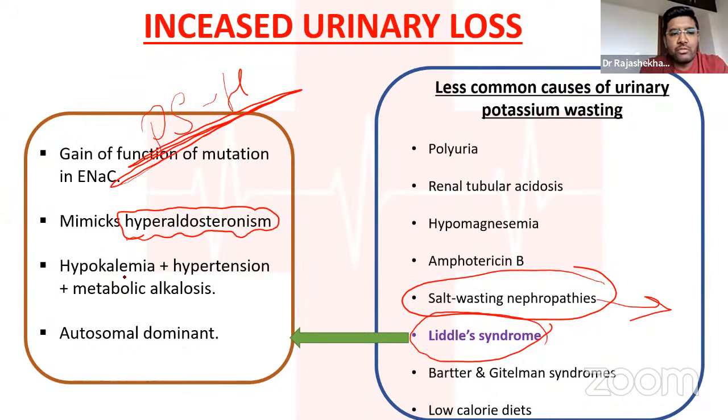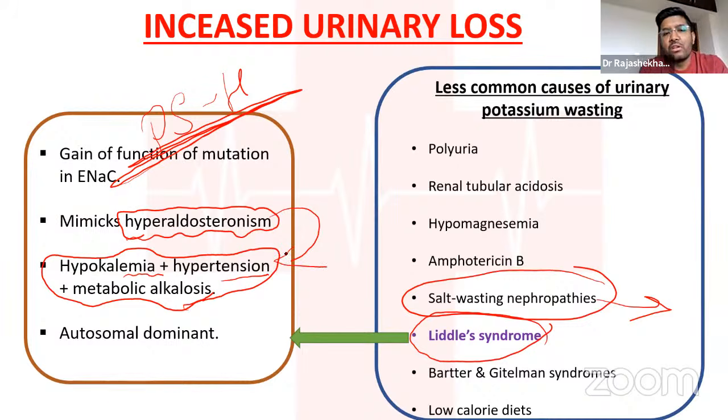It is a combination of hypokalemia, hypertension, and metabolic alkalosis, with a normal renin aldosterone ratio in this patient. This condition is autosomal dominant, whereas other channelopathies like Bartter's and Gitelman's are autosomal recessive.